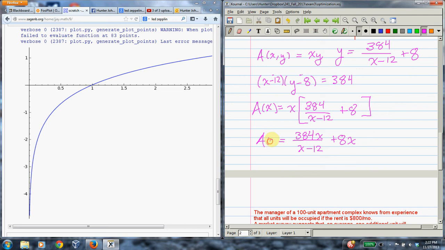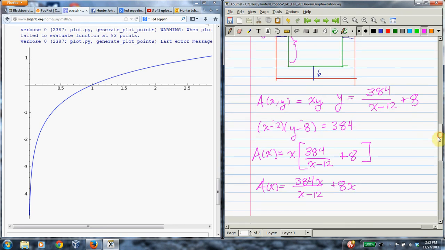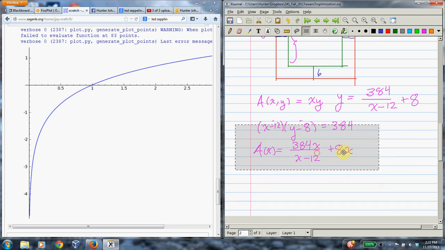Now is the part where we just use calculus to find the maximum of this. So let me make some room for myself. Got kind of a room problem, don't I? Let's move this up here. And so I need to take the derivative. So what is A prime?